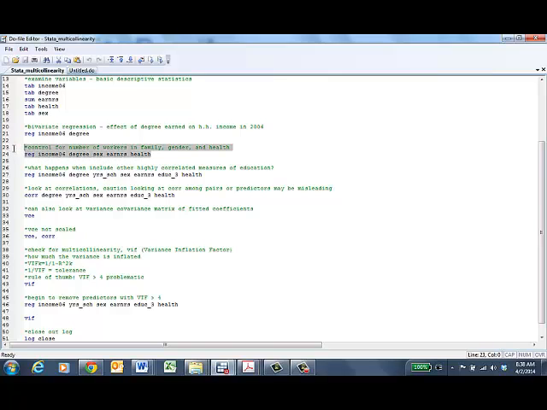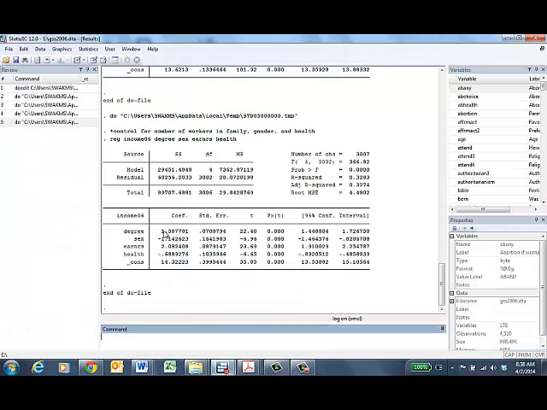So even after controlling for the gender of the respondent, the number of earners in family, and the health of the respondent, education still has a positive and statistically significant effect on household income in 2006. The respondent, being female, has a negative effect on income in 2006.